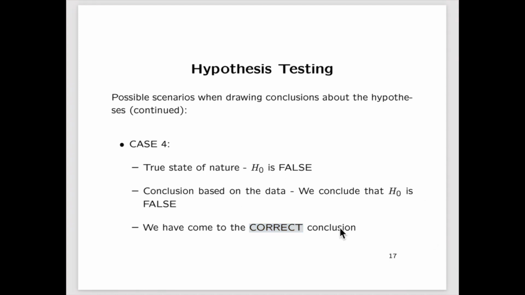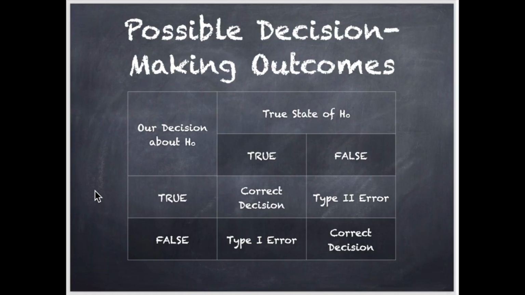Now, another way to organize these four possible scenarios is using a two-way table. And so I've got this slide here in the slide deck, possible decision-making outcomes. The columns correspond to the true state of the null hypothesis. The null hypothesis, it's either true or it's false. The two rows in the table correspond to our decision about the null hypothesis.